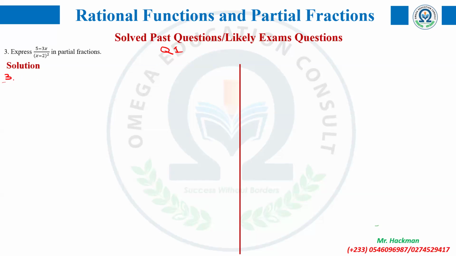Write one. Take note. Q1, Q2, Q3. No, just write a 3 there, 2 there. That's the name of the question. Then you write: given (5 minus 3x) over (x minus 2) all squared.